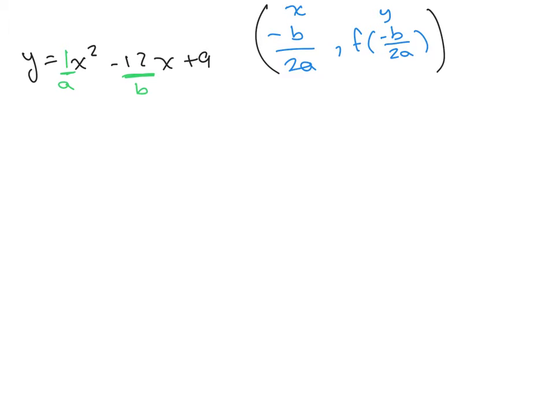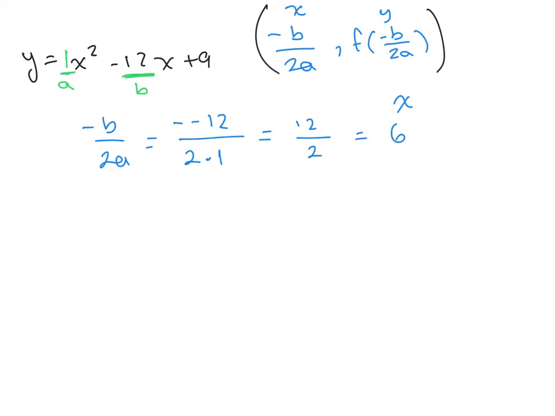So negative b would be negative 12 over 2 times 1. Simplify that: a negative 12 is actually just 12, 2 times 1 is 2, and 12 divided by 2 is 6. So our x-coordinate is 6.